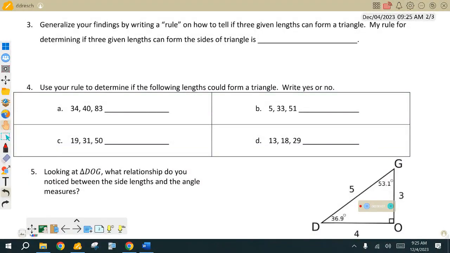If you add the two shortest sides, it has to be greater than the longest side.